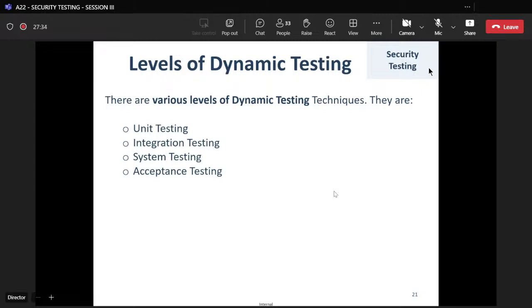Yeah, SAST is where you are not executing the application. You are just performing a code review, or trying to identify some of the text string and structural defects in your SAST testing. But the behavior of the program you cannot test in SAST. Whereas in dynamic testing, you are allowing the program to run.